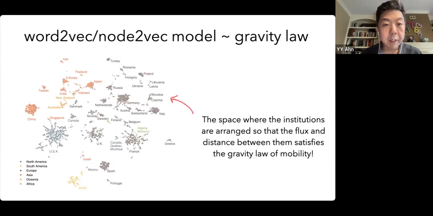Essentially, this space learned from node2vec is an optimized space where distance relationships follow gravity law based on the empirical flux data between places. So that's again a happy accident that led us to interpret the space in a physical way.